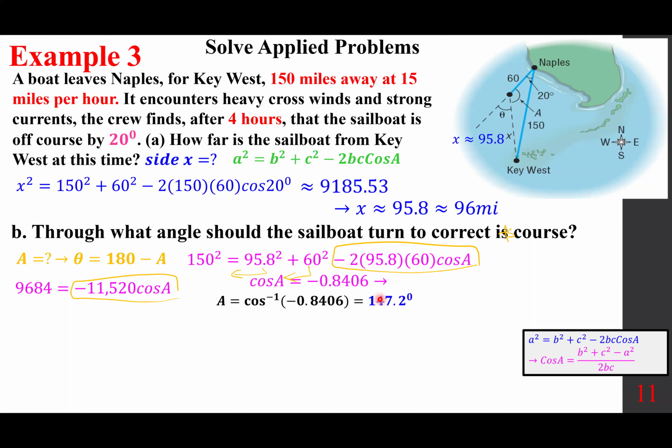Theta is 180 minus A, 180 minus 147.2, which results in 32.8 degrees. So we got the angle 32.8 degrees, everybody.